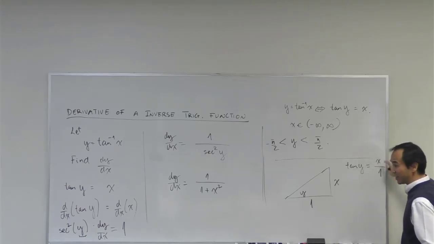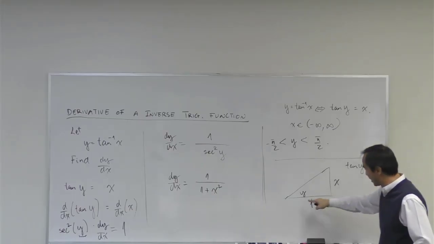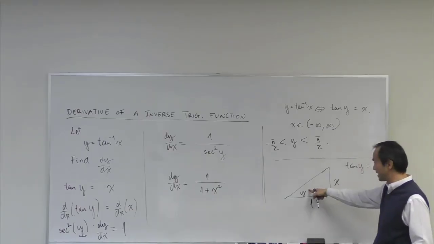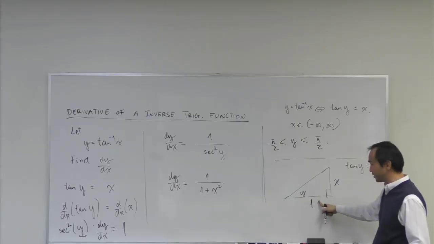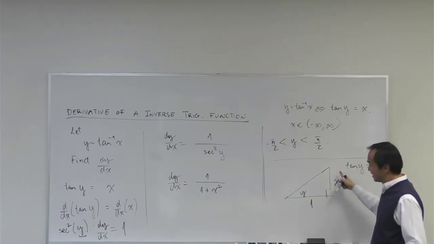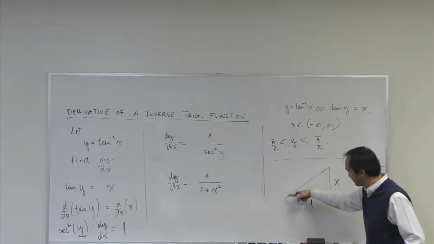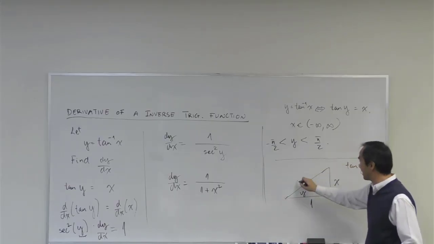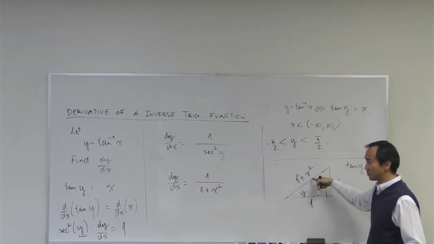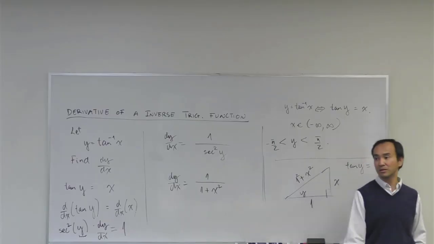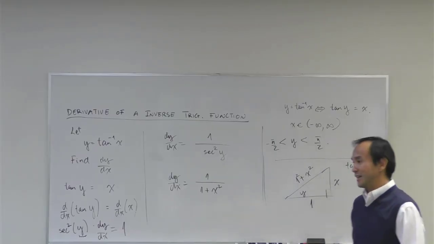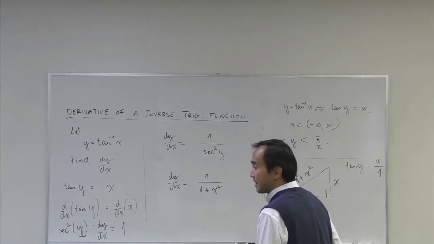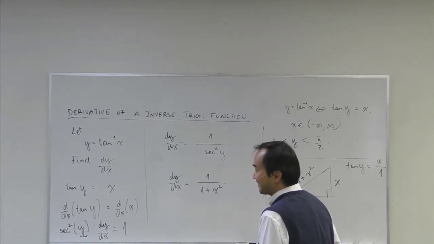So on my right triangle, after making an angle y, adjacent is 1, opposite is x. So the Pythagorean theorem says that the hypotenuse, which is unknown this time, has to be the square root of 1 squared plus x squared, which is 1 plus x squared under the root. See what I'm saying there? So that's another way of arguing it if you don't remember all of the identities. Sound good then?